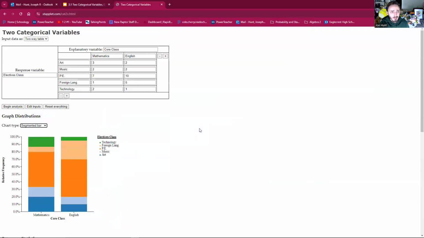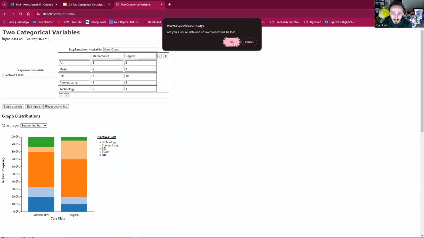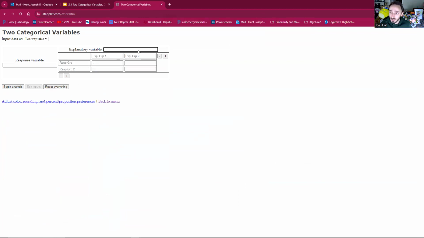Now, if you're trying to do that in Staplet, we're going to stay in the two categorical variable calculators. We're going to reset everything to get kind of a blank slate here, and we're going to build this out slowly all together. So I've got, say, an explanatory and a response variable. At this stage of the conversation, it's not terribly important which one's which.